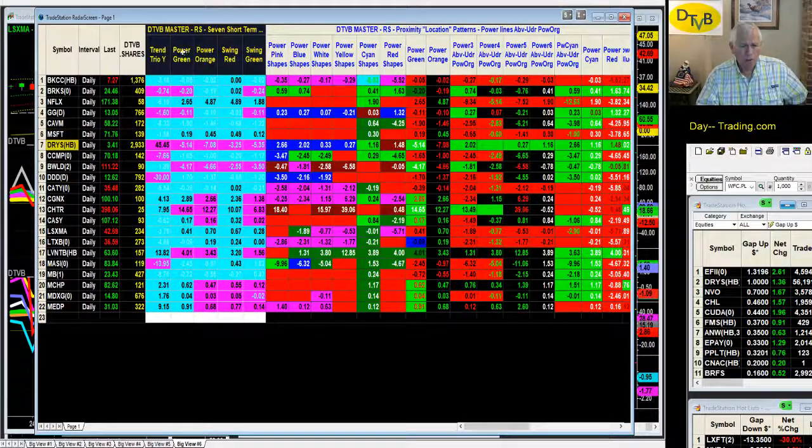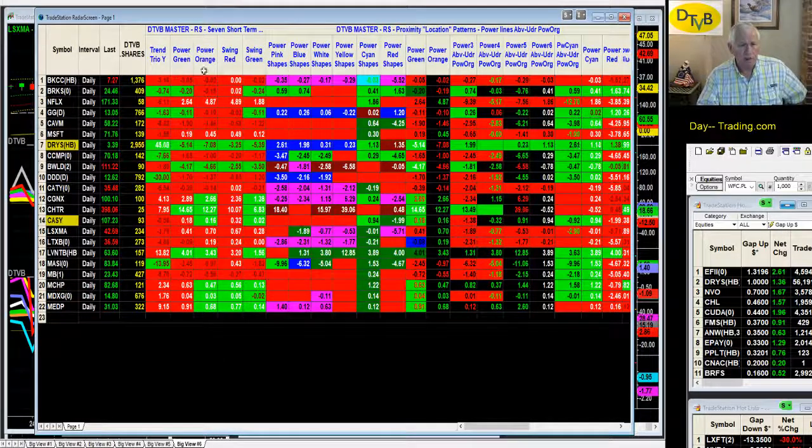And so we don't need the other two. These 5 columns represent the 7 short-term trend lines, and it is a quick reference point to tell you what is happening with the short-term trend in the particular stock.